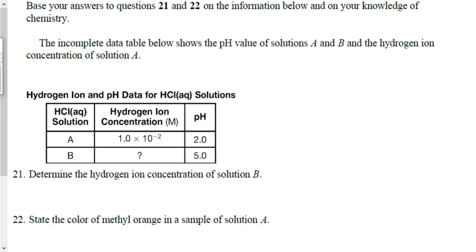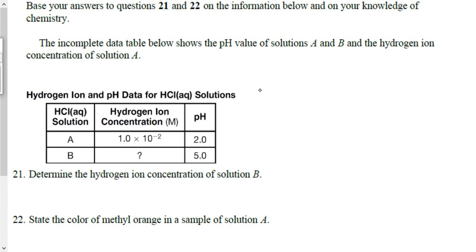For question number 21, we have to identify the hydrogen ion concentration of solution B. If you look at solution A, they gave you a hint. You have to review pH values, right? If you don't remember how to solve this question.